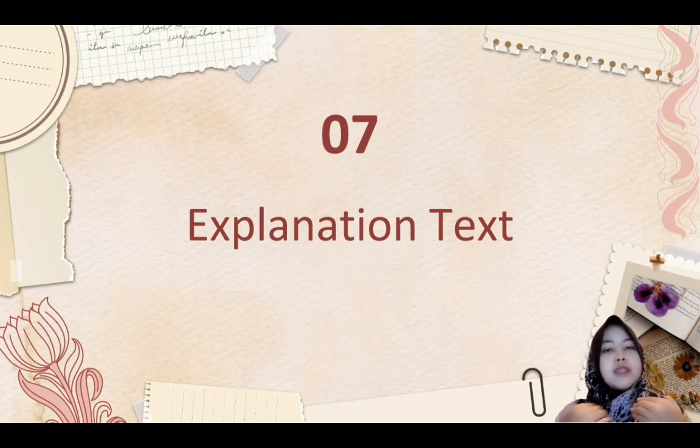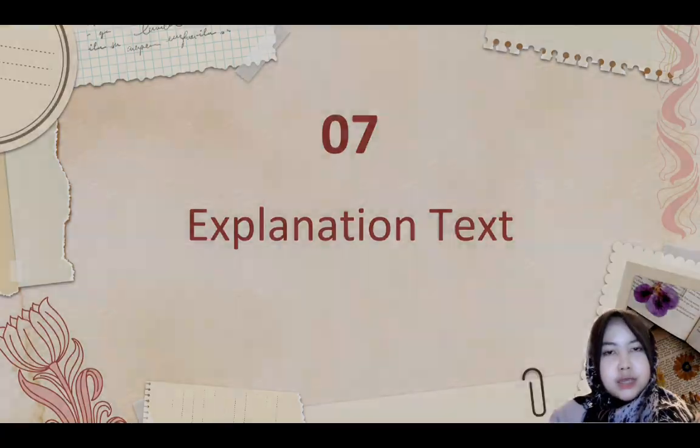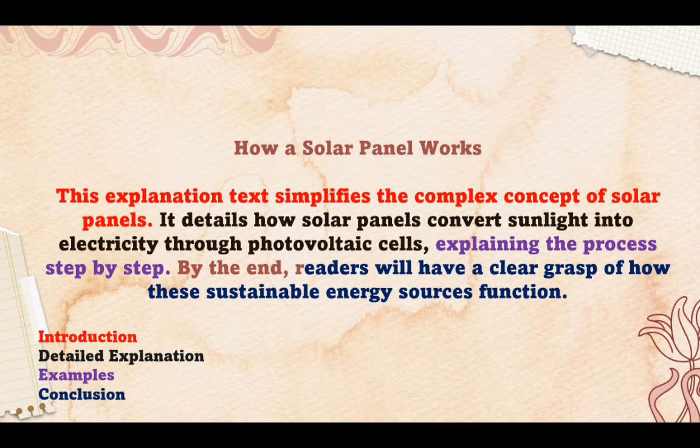It helps the audience gain insight into the underlying mechanism of a subject. Okay, here's the example of explanation text, and for the structure of this text, we have introduction in the red one and detailed explanation in the black one. In the purple one, we have examples, and in the blue one, we have conclusion.